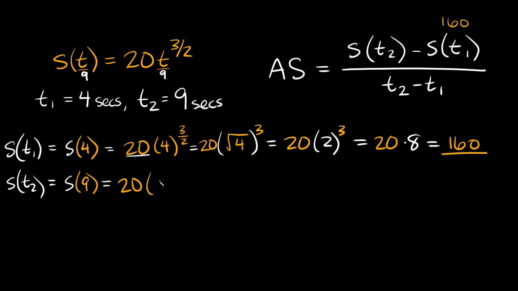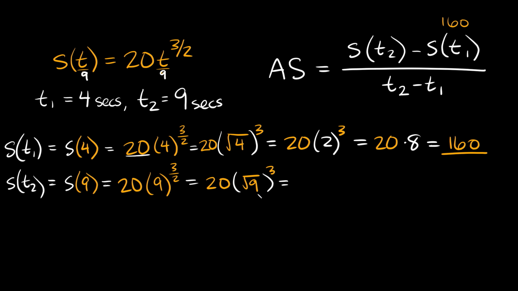This time we're going to have 9 raised to the 3 halves. So this is equal to 20 times, and for 9 raised to the 3 halves, like we said, the denominator tells us what kind of root we have. So we're going to have the square root of 9 this time. In parentheses, we have the square root of 9, and then this numerator, this 3, just sticks out here on top as a regular exponent.